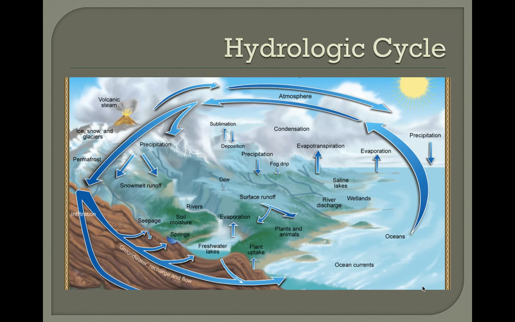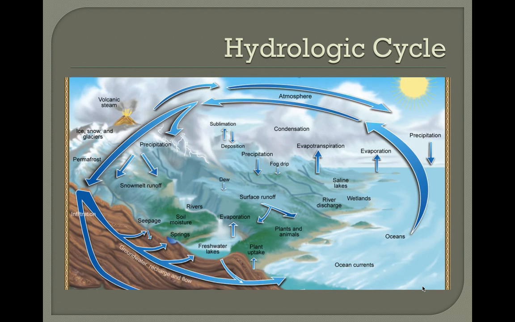This is just a picture of the hydrologic cycle, another word for the water cycle. You have probably talked about the water cycle ever since you were young in science classes. But there are so many ways that water can move.